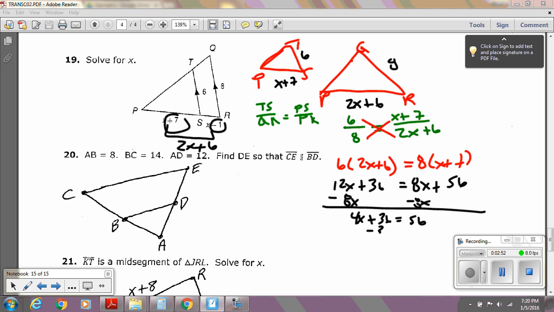Then subtract 36 from both sides, which would give you 4x is equal to 20. Divide by 4, and x is 5. At the end of the day, we had to just find x.